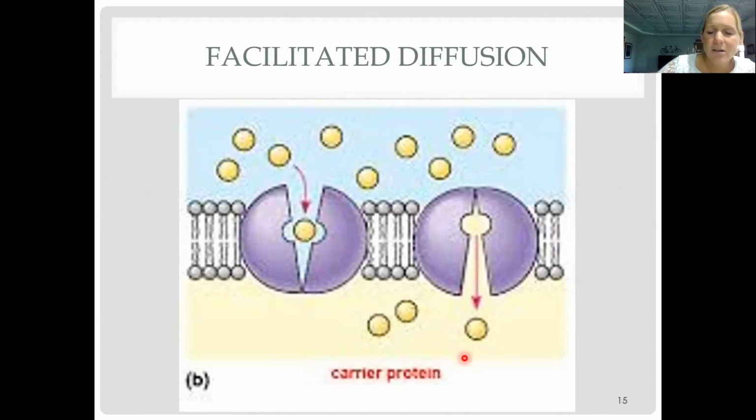This is very slow. Imagine that I can only move one molecule at a time. I put one in here, it flips over and dumps it out. Then this carrier has to turn itself back over so that it gets back in this configuration so that another fructose molecule can come in and bind. Now I flip it over and dump it back out. So fructose is the slowest of the monosaccharides to be absorbed.